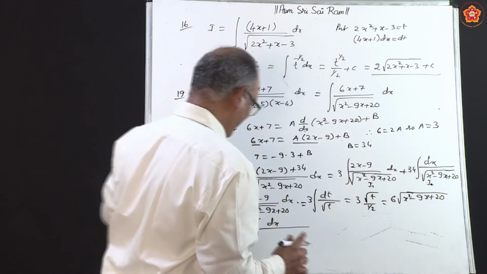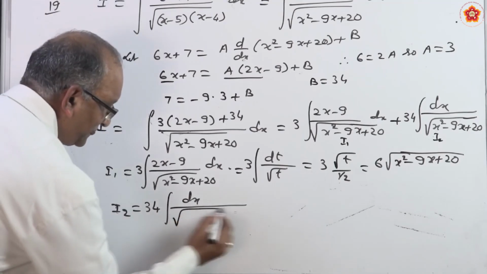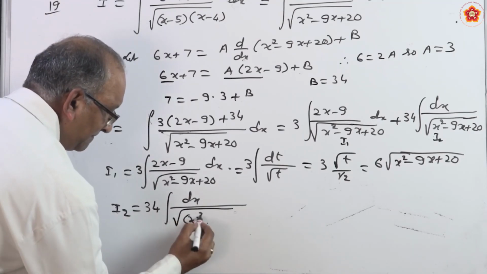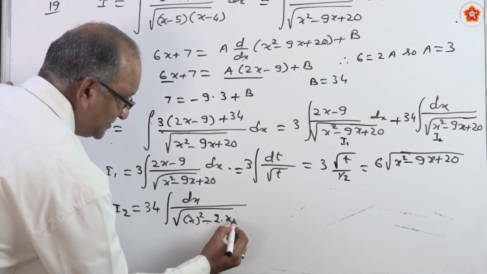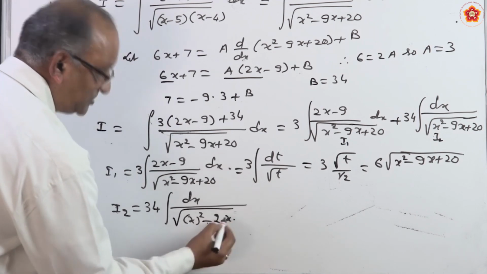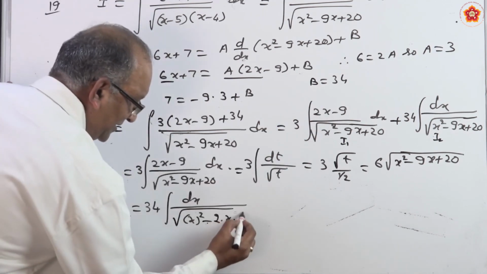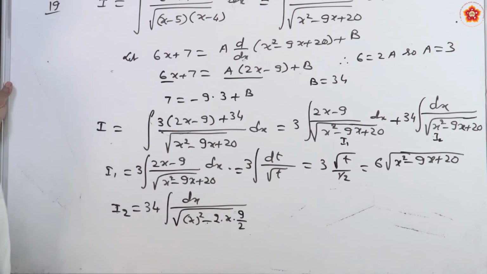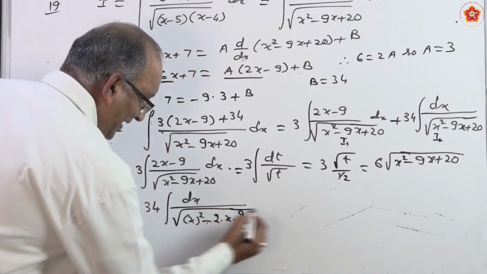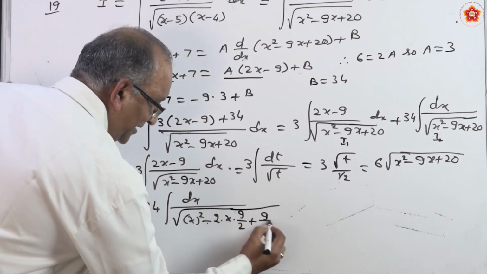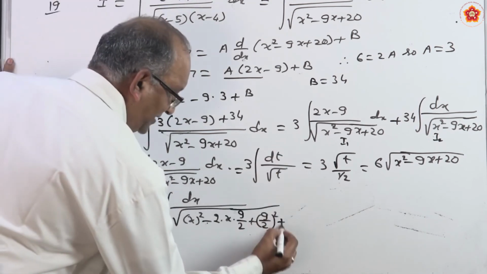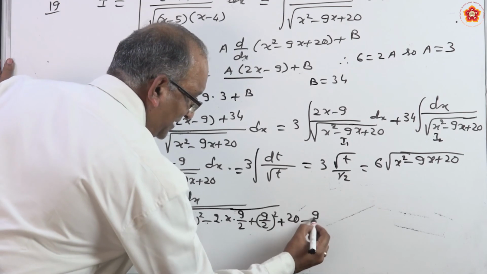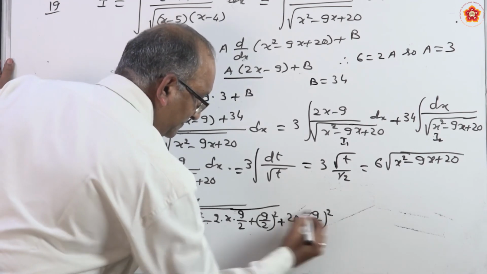So this can be written as under root of x square minus, because there is a minus sign, 2 into x into what we should write so that it will be minus 9x. It will be 9 by 2. Clearly indicating that b is 9 by 2 square. Since we are adding, we have to subtract. So it is 20 minus 9 by 2 whole square.